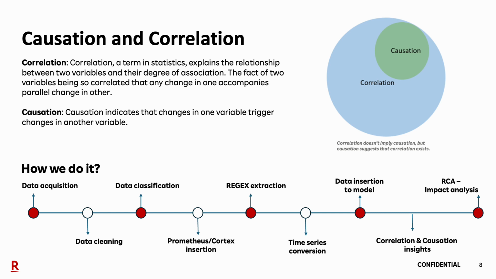At 6 Sense AIOps, we focus on acquiring data, cleaning it, classifying it as per patterns detected, and inserting the same to our application via Prometheus or Cortex. Once that is done, our models focus on regular expression extraction and conversion of data to time series metrics.